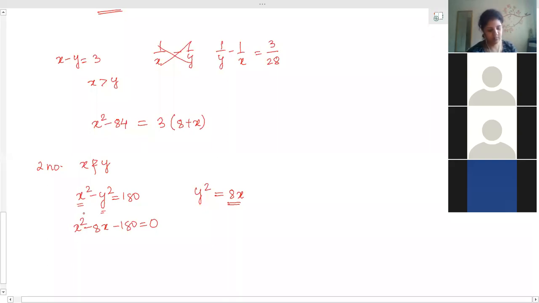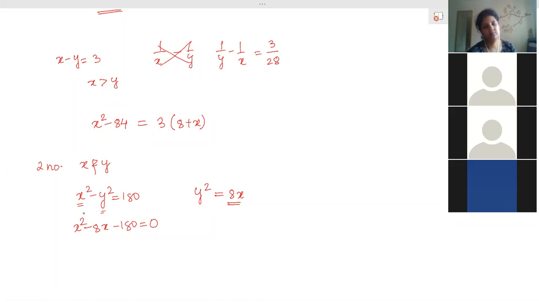Ma'am, I have a doubt in the 10th sum. It says the sum of a number and its positive square root is 6 by 25. So x plus root x is equal to 6 by 25.